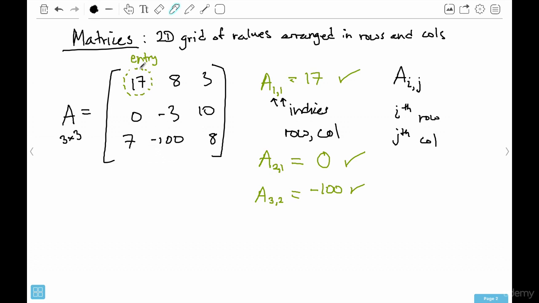Notice that we start numbering up here at the top left, and I mentioned before that images also use the top left as their kind of origin point, except with images, when we're doing computer science stuff with images, we have to remember that we start at 0, but with mathematical matrices, we start counting at 1.